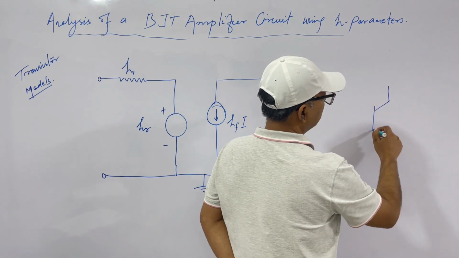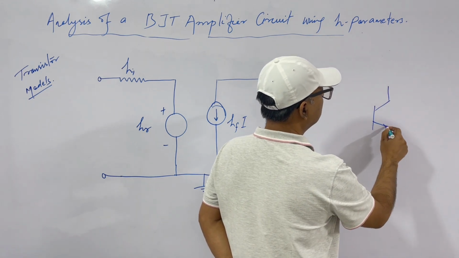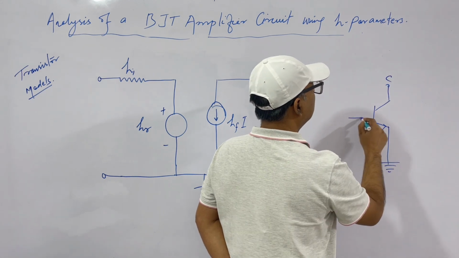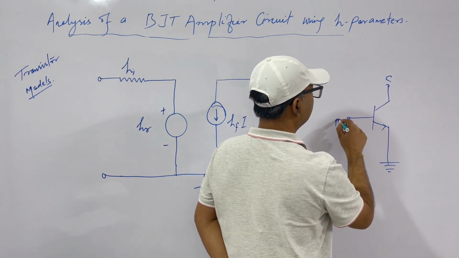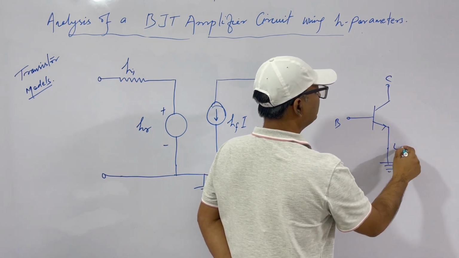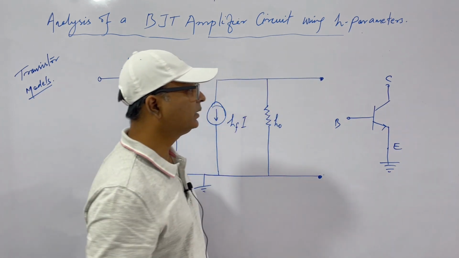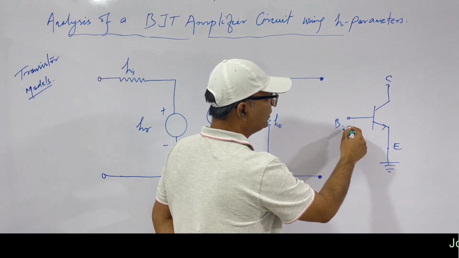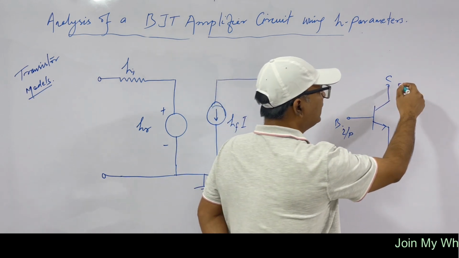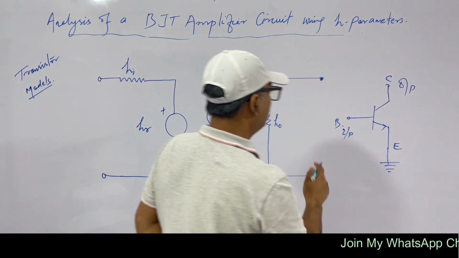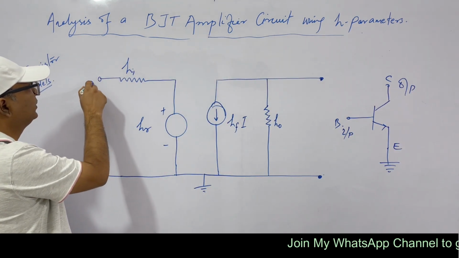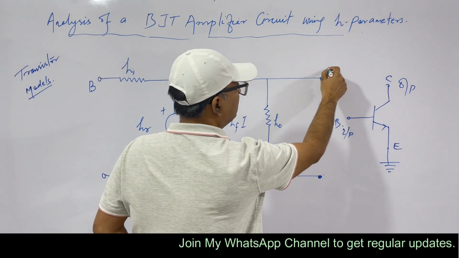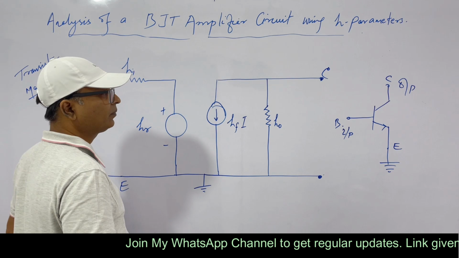common emitter first. This is our common emitter circuit. This is collector, this is base, this is emitter. Emitter is common. In a common emitter circuit, we take input at base and output at collector. Therefore, our input is this base, this is our common emitter, and the output is collector.